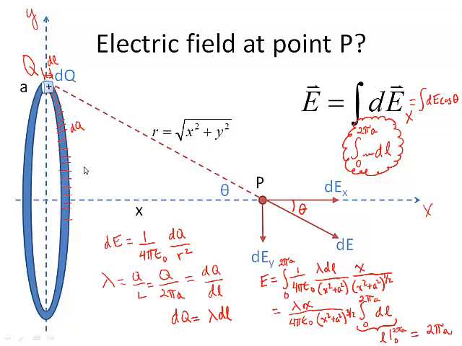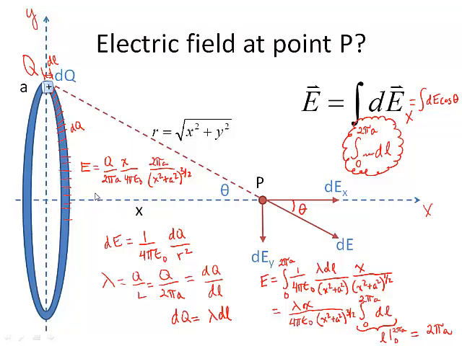So my total electric field then is going to be equal to lambda, where lambda is Q over 2 pi a. So that's lambda times x over 4 pi epsilon naught times 2 pi a over x squared plus a squared to the 3/2 power.